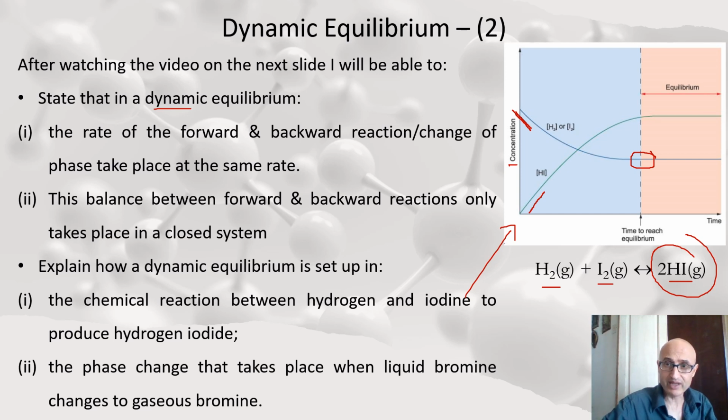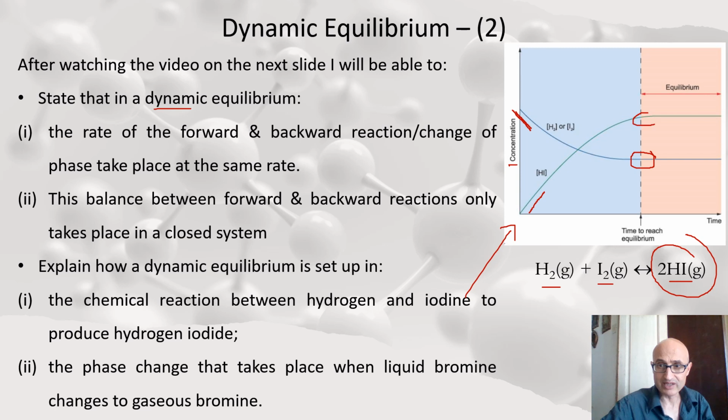So once we get to this point, which is the dotted line, if you like, you have no further change in the concentration of either the hydrogen or the iodine or of the hydrogen iodide.